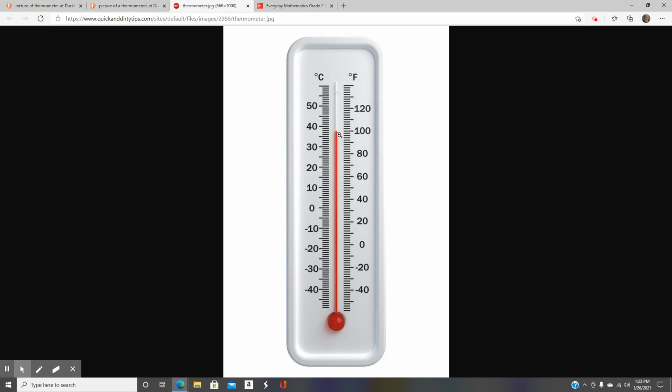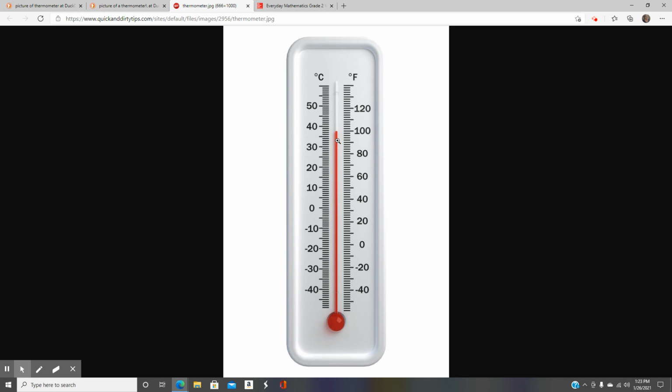When it gets cold, the mercury tends to shrink or condense, and it tends to go back down. Okay, so we use the mercury in a thermometer so that we can actually read the thermometer and see where the temperature is at.